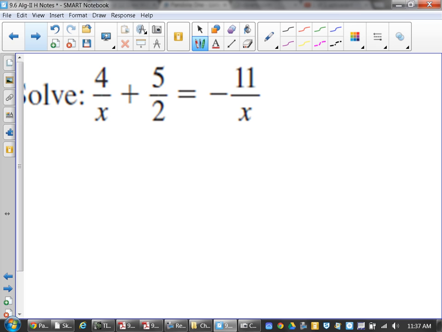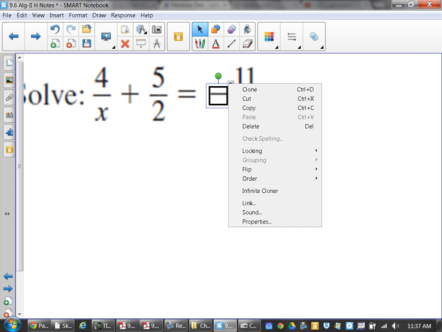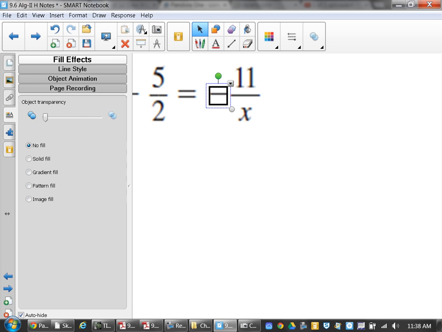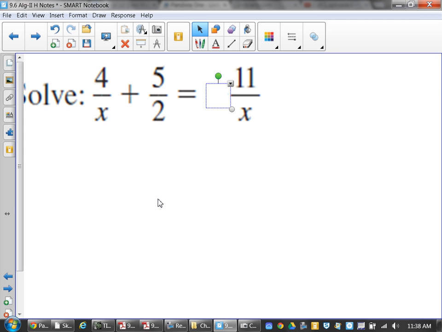It helps keep things a little bit cleaner. When you have a negative value, put the negative in the numerator. It's just easier to keep track of.